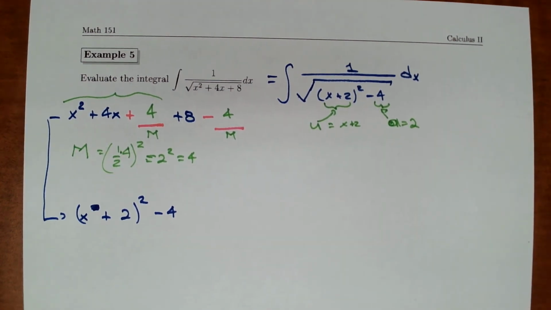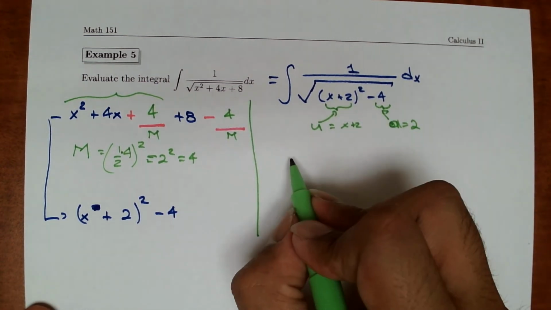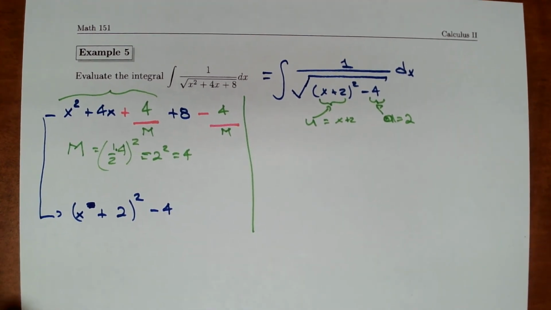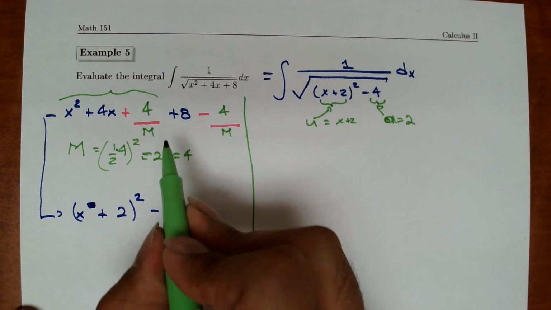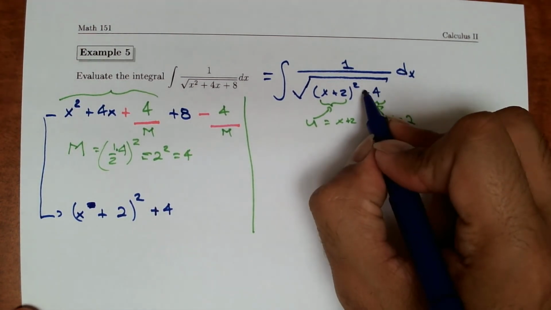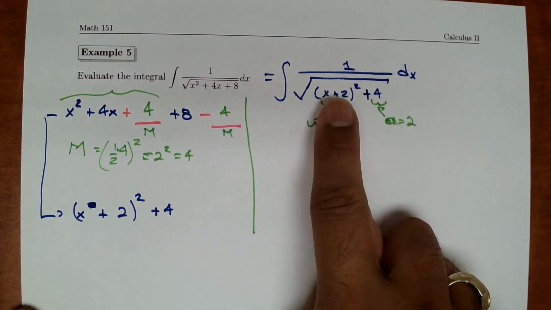Okay, so let's set up the substitution. First of all, which substitution are we going to use? Well, actually this is supposed to be positive and positive, okay? So in this case we have both positives.